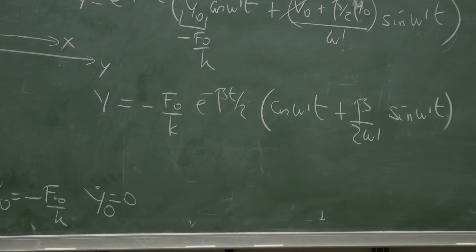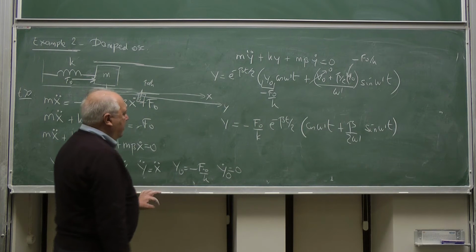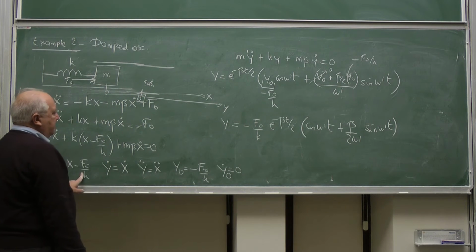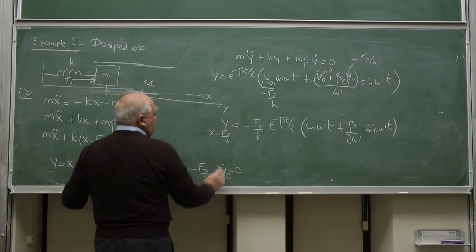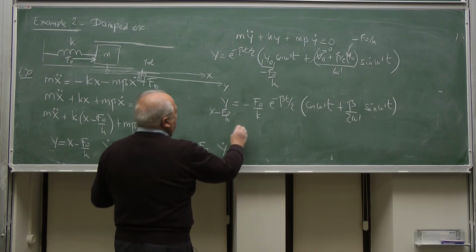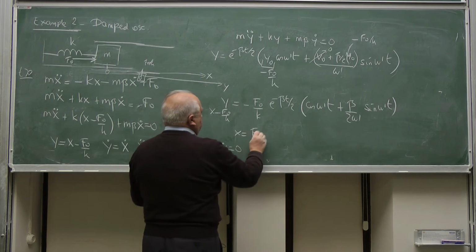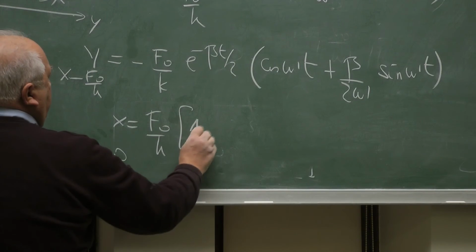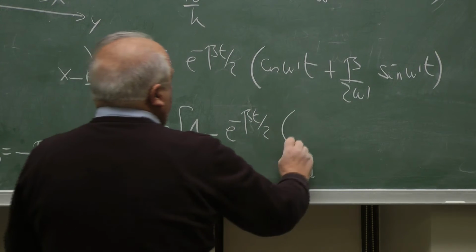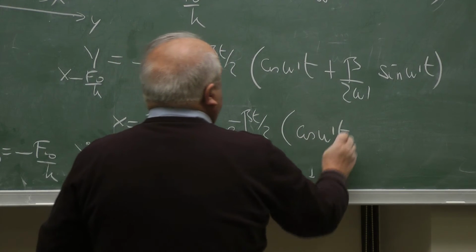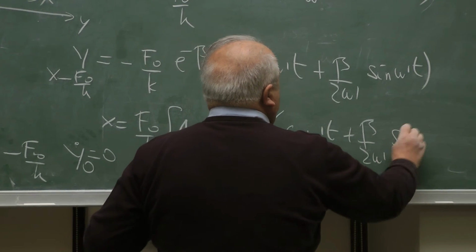Now we can switch back to x, because y is x minus F0 over k. Therefore, the solution: x equals, taking F0 over k to the other side, F0 over k times (1 minus e to the minus beta t over 2, times (cosine omega prime t plus beta over 2 omega prime sine omega prime t)).